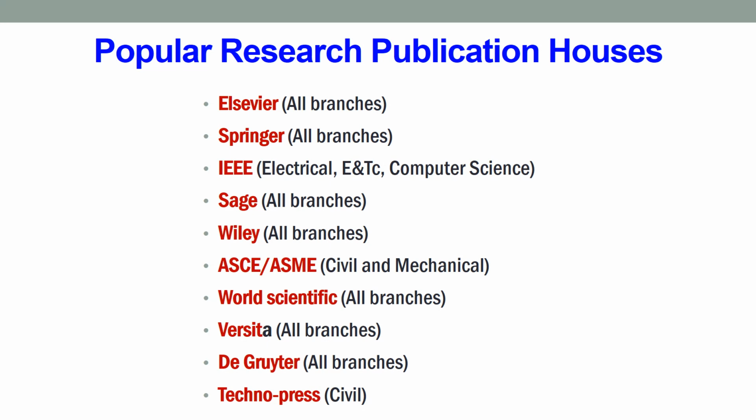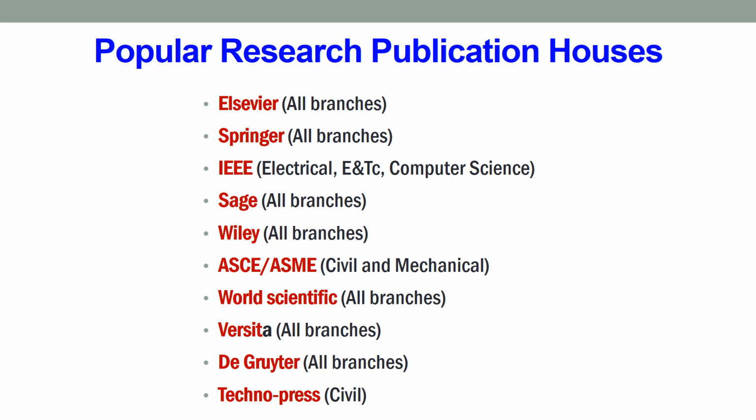Then there is SAGE publication, which is also publishing research papers related to all domains, professional and non-professional, engineering, science and technology, medical, everything. So SAGE is also a very popular publication house. Then there is the Wiley publication house, which is also for all branches, all courses. Then there are ASCE and ASME, very specialized to the American Society of Civil Engineers and the American Society of Mechanical Engineers, which are publishing research related to the civil and mechanical domain.